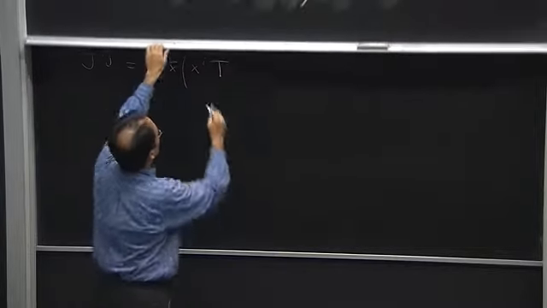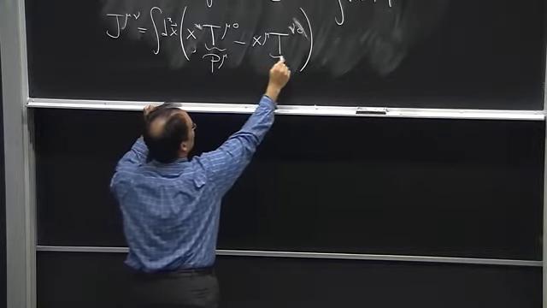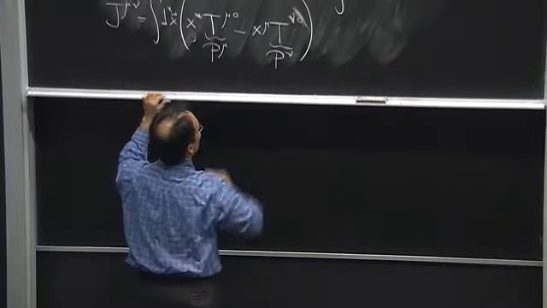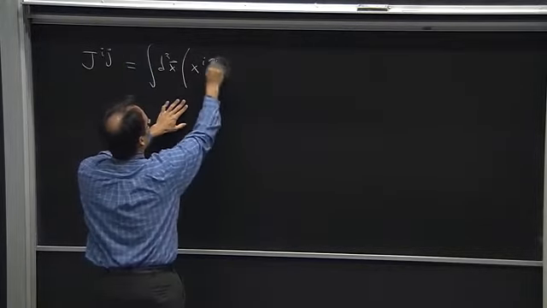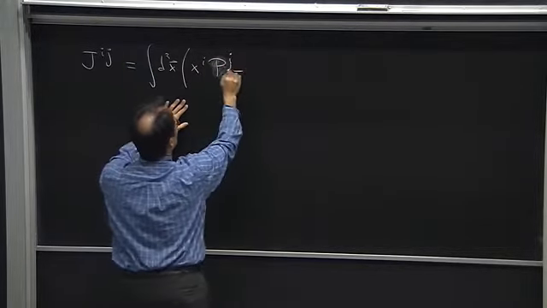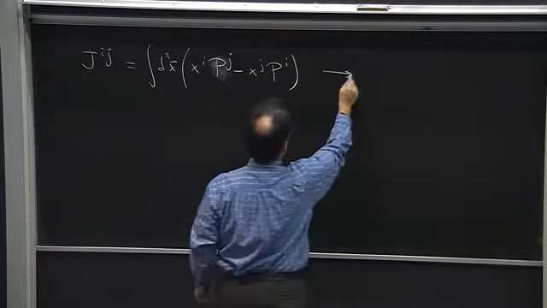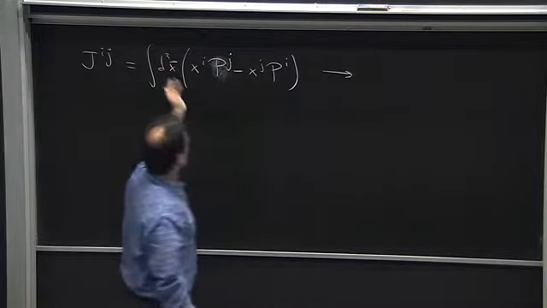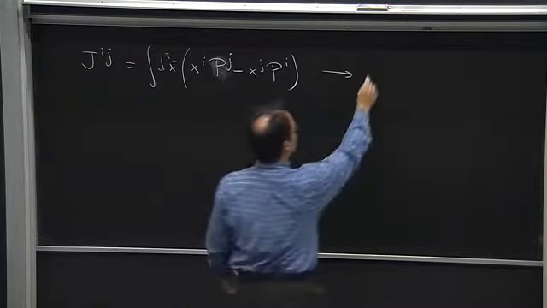Remember that this is nothing but the momentum. So if you have something like this, we have π_i, p_j, x_j, p_i. And this, clearly, is the angular momentum density, and this is the total angular momentum.